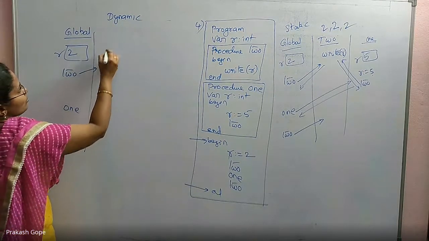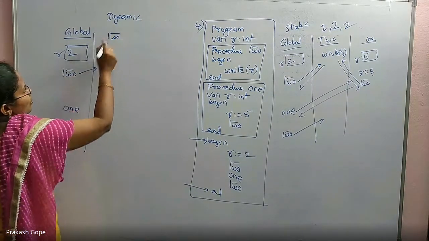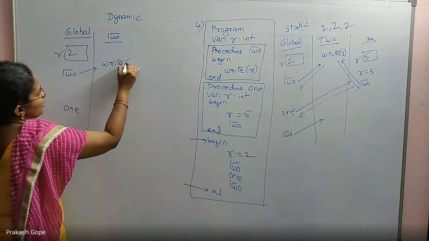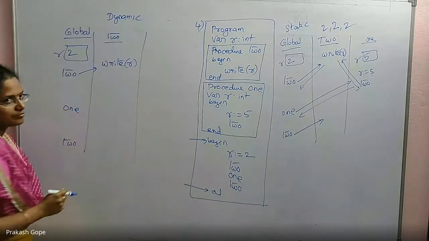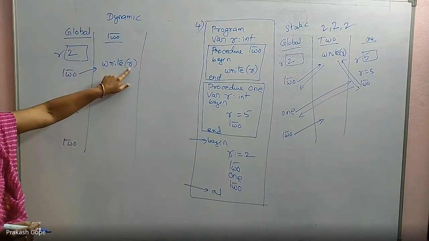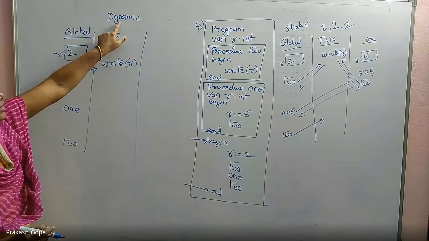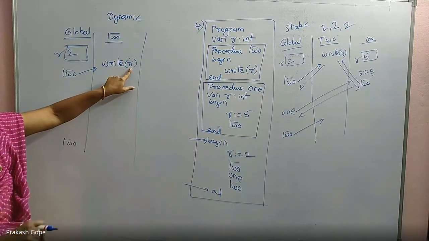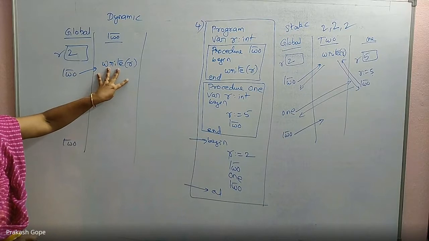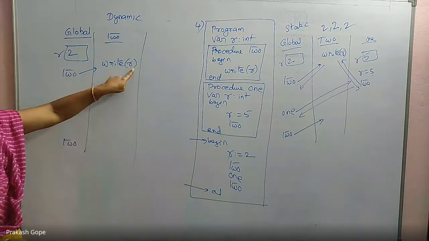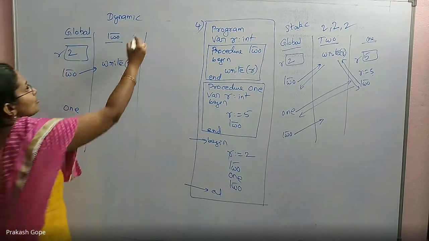So procedure 2: no local variables, no formal parameters, only one line, write R, that's all. When I don't have a locally declared R, dynamic scope says calling environment's R. Who called 2 now? It is called from this global environment. So global R will be printed, that is 2.